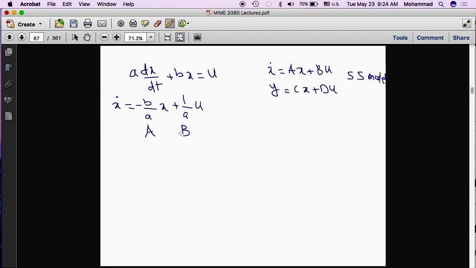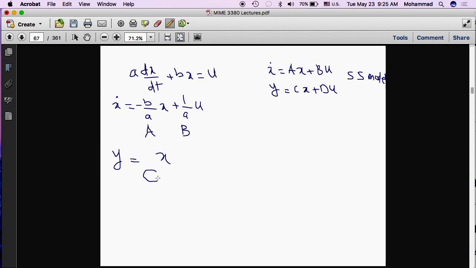We said output is one or more of the state variables. So what is the state variable here? X. The only variable that is being differentiated is x. So x is the one and only state variable. So what is the only choice of output that we have? X. It's so simple that it's challenging because of the simplicity. So y output simply is equal to x. So what is C for us? C is 1.